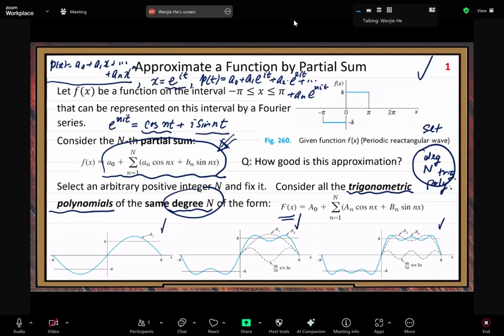In this set, we select an arbitrary one and choose it as a representative of the functions in this set. This capital F is that representative.